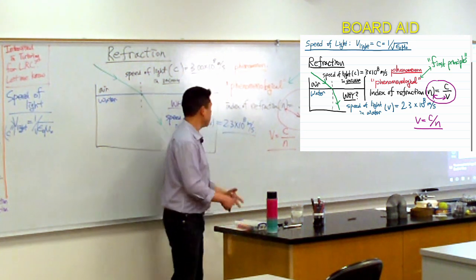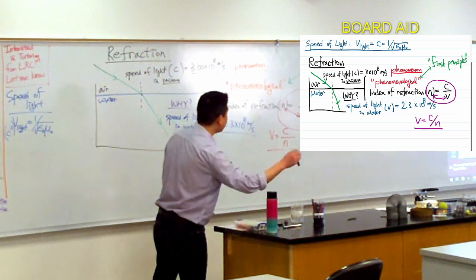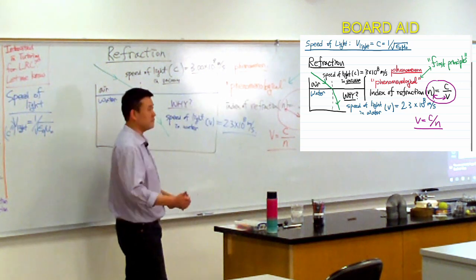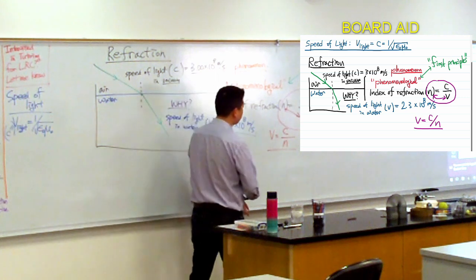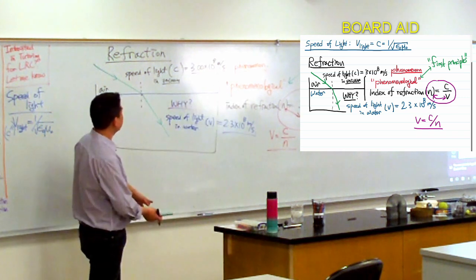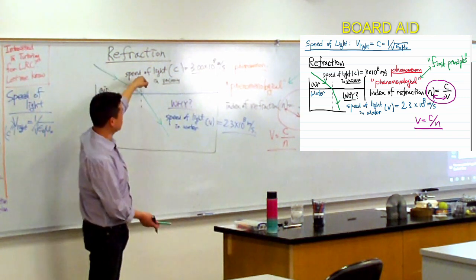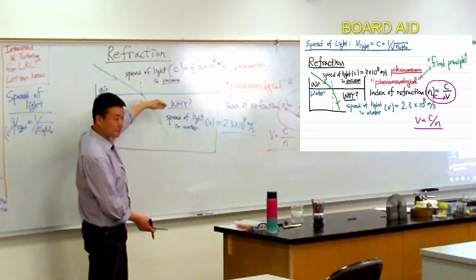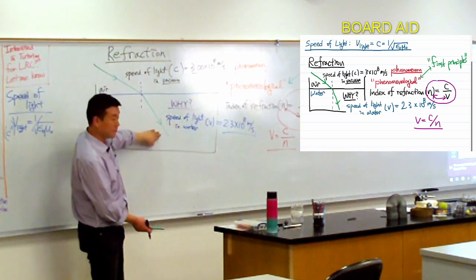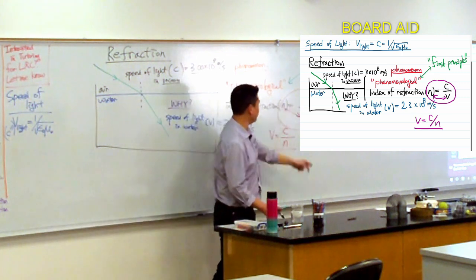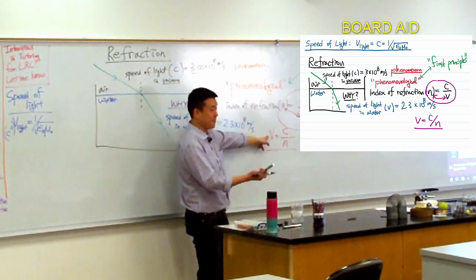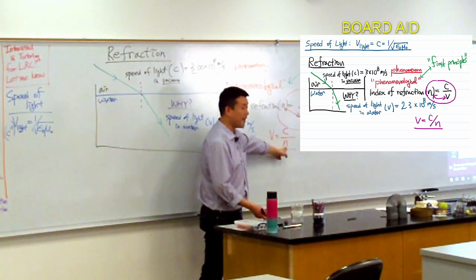As in, imagine, as I said, you have an annoying younger sibling who keeps asking you why. So you tell your younger sibling that light bends as it enters a different medium because the speed of light is different there. In fact, I can even tell you how they are different. This is the speed of light in the medium, c divided by n.